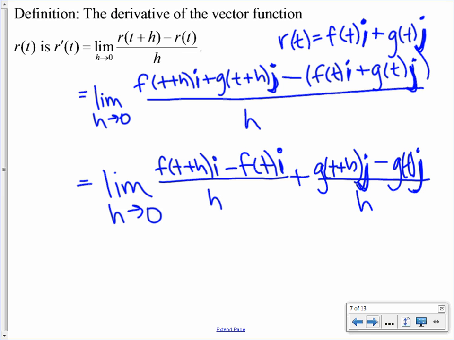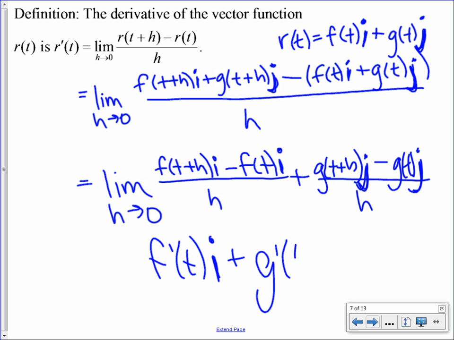What can we conclude? That is the derivative of f i plus the derivative of g j. How many of you are just going to assume that anyway? All of us. Okay, but now we proved it.